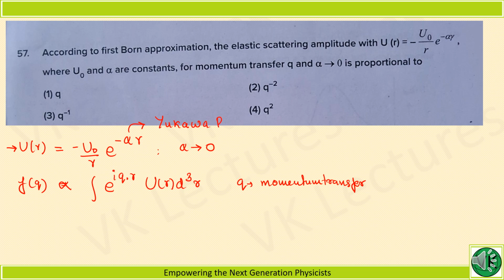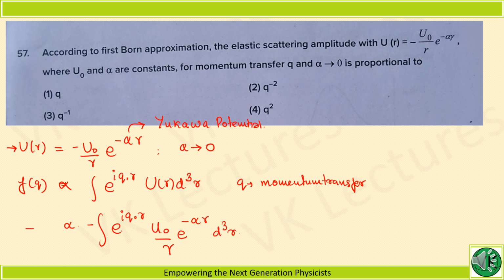So it's proportional to the integral of e to the power i q dot r times U of r, where U of r, with a minus sign, is U naught by r e to the power minus alpha r, d cube r.